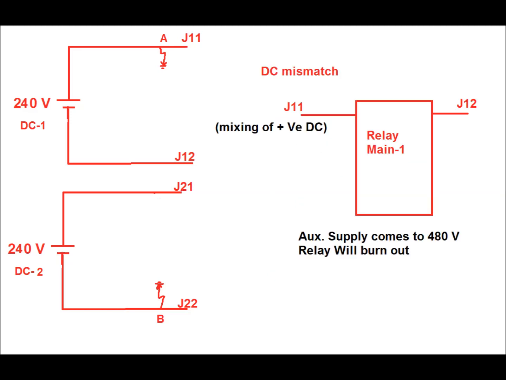So with mixing of either DC positive or DC negative, the auxiliary voltage supply between the two terminals comes to 480 volt, which results in the relay being burnt out.